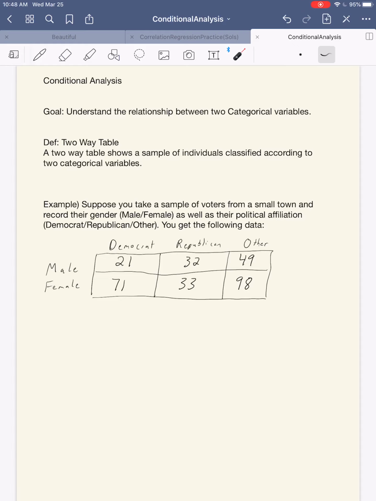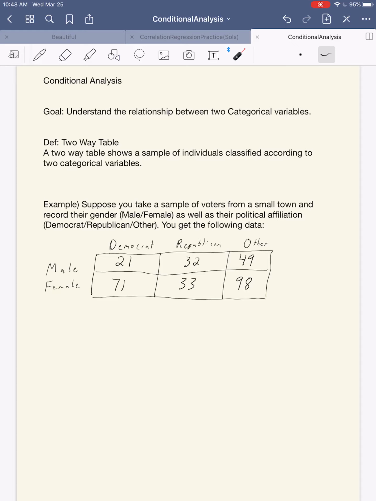We're just putting them into that other category. And so we get this data here. And this table that you guys are seeing right here, this is what a two-way table is, right? It shows how our sample of voters were classified according to their gender here and their political affiliation there. So this is a two-way table.